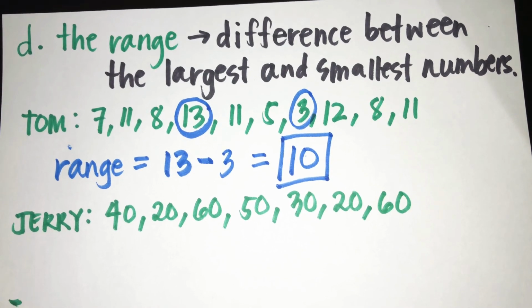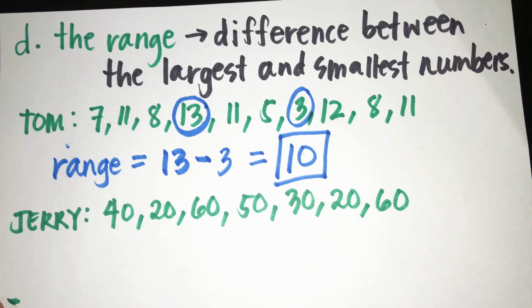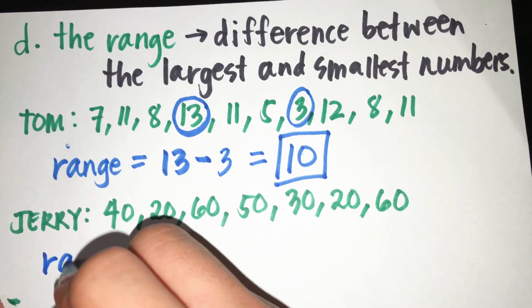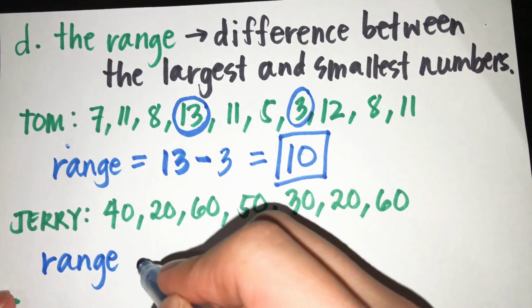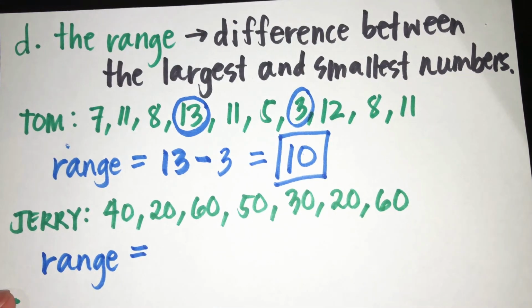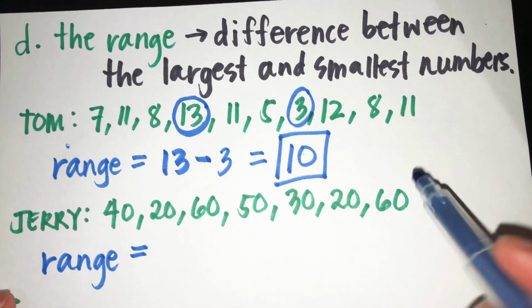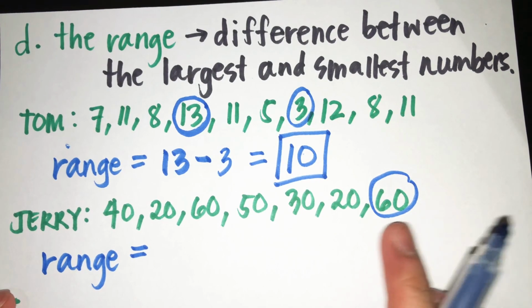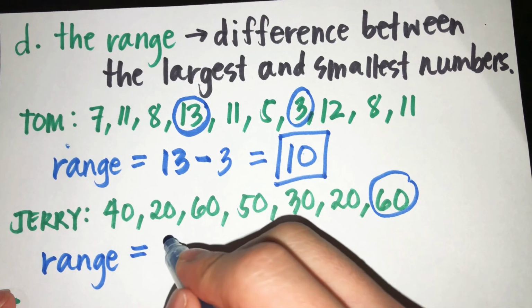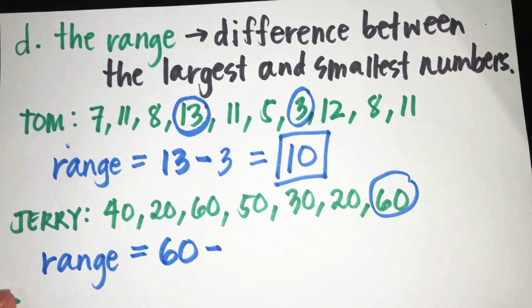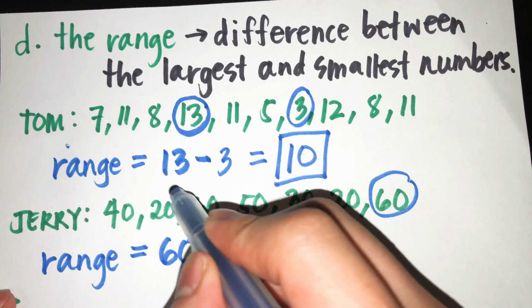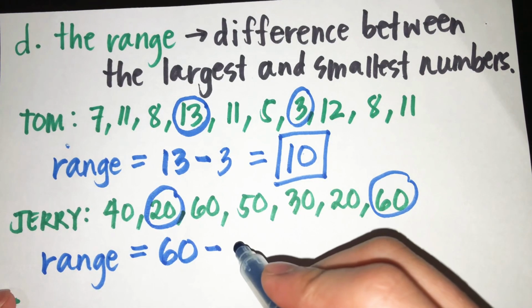Okay? Now for Jerry, so the range now is equal to, now we get the largest value, which is 60. So 60 minus the smallest value, minus 20.